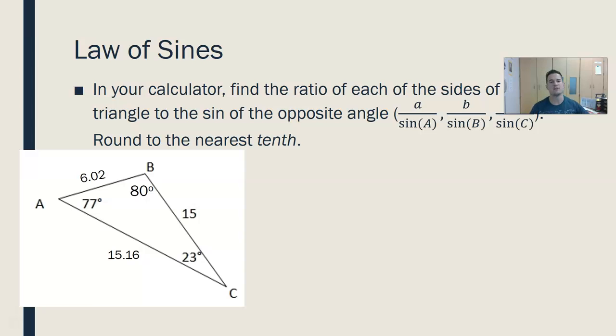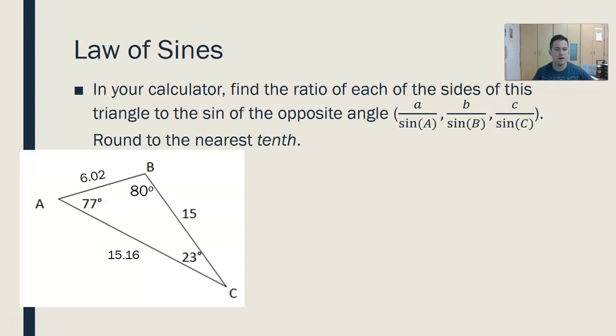So before we start talking about the law of sines, I want us to try something. In your calculator, I've given this triangle. This is just a triangle that I created and I labeled with all the corresponding angles and sides. In your calculator, I want you to find the ratio of each of the sides of this triangle to the sine of the opposite angle.